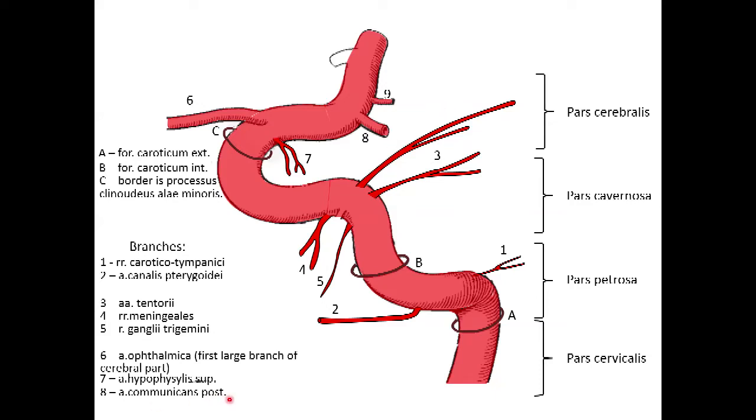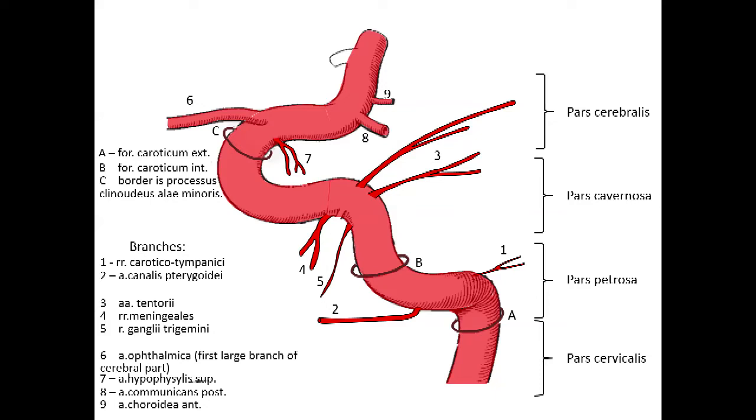Excuse me, it's a mistake. Arteria communicans anterior. Excuse me. We shall change this material later. Arteria communicans anterior, and number 9, arteria choroidea anterior.